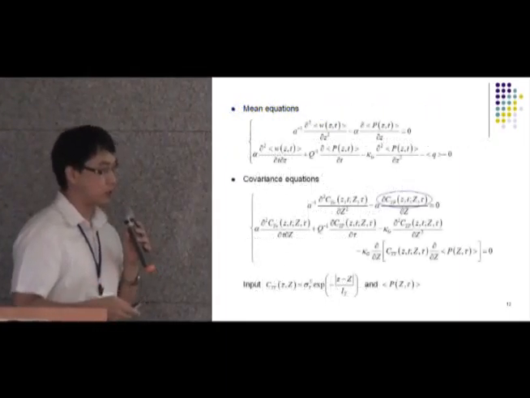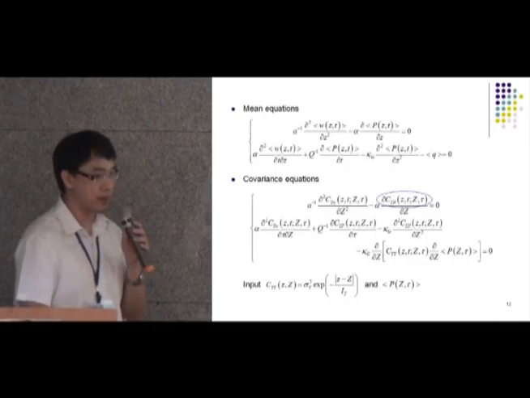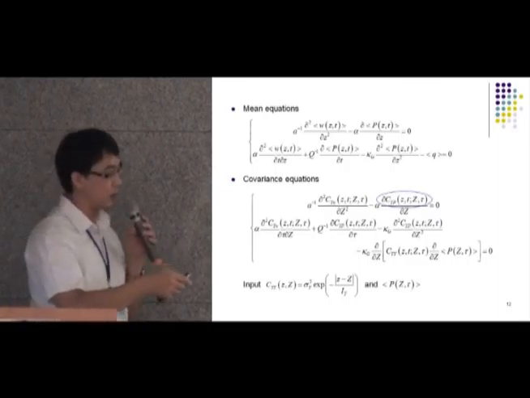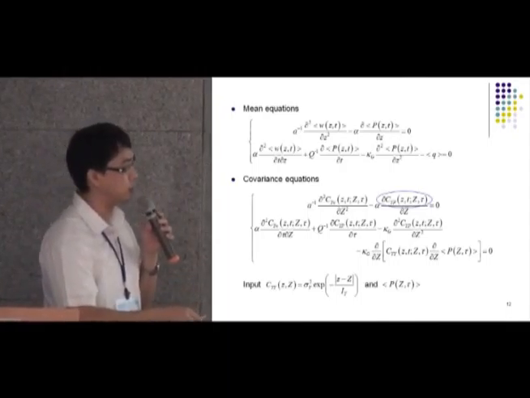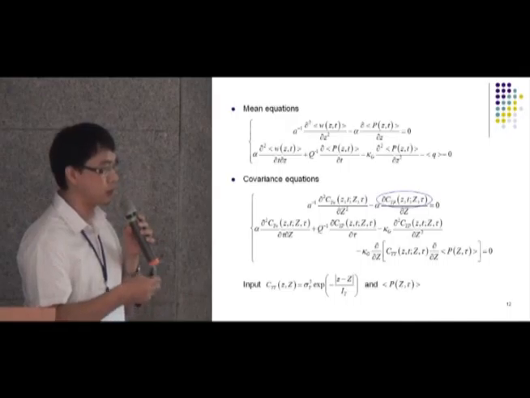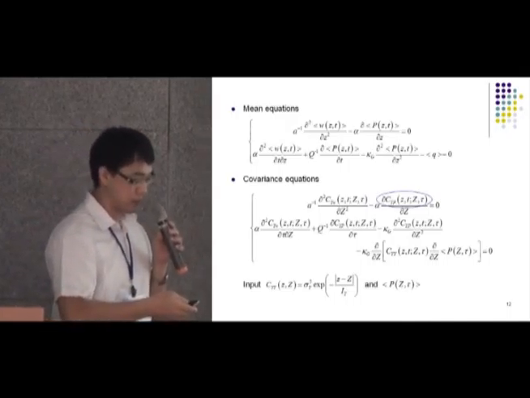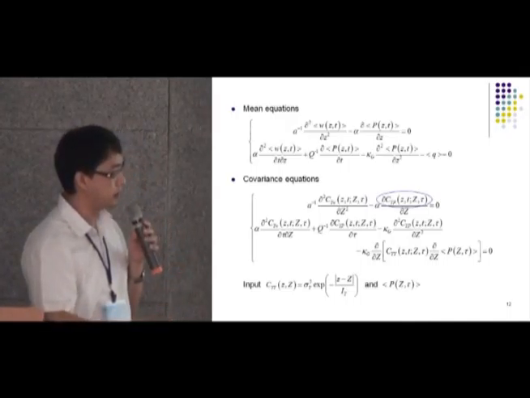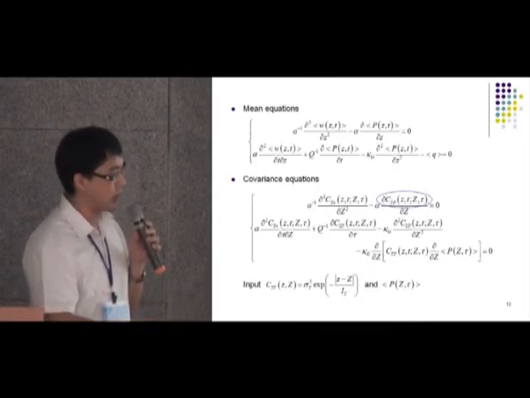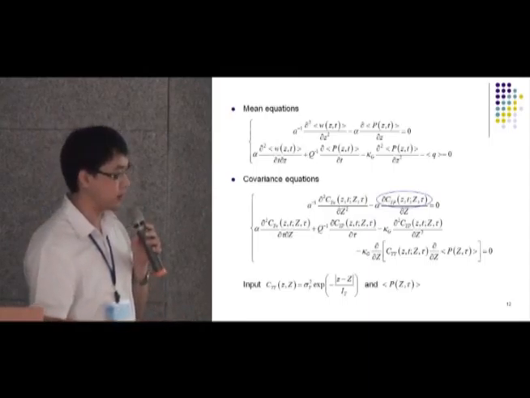And then we introduce the first order second moment method to separate the governing equation into the mean equation and the covariance equation. The mean equation is similar to the original governing equation, and the covariance equation is also very similar to the mean equation, but with a different type. We have the covariance functions here, C_YW and C_YP. Here, Y is the natural log hydraulic conductivity.